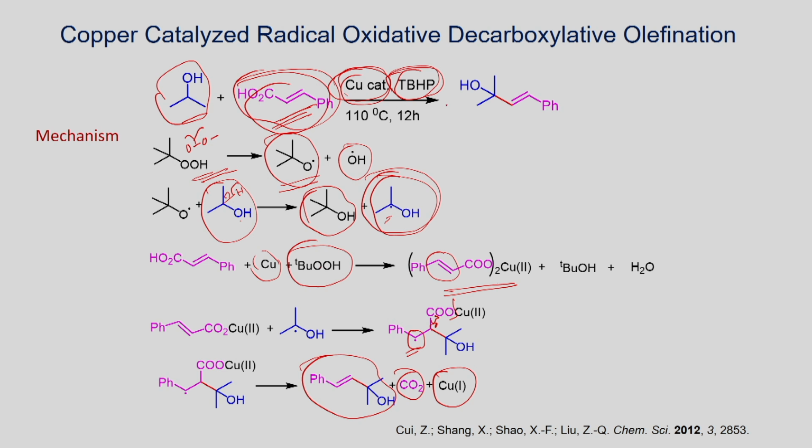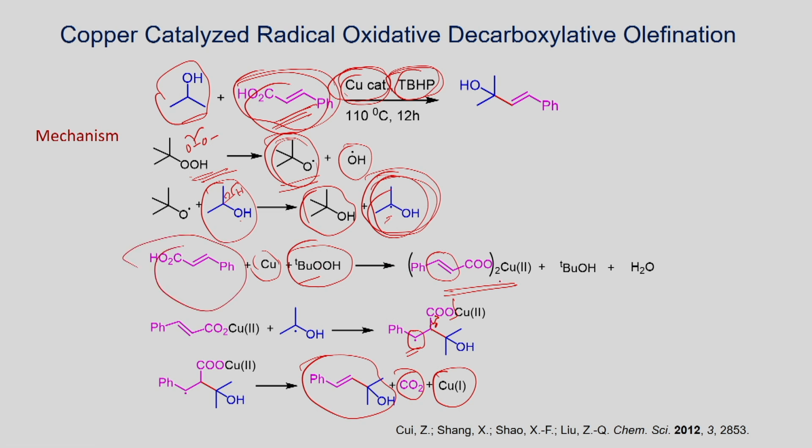So, in this reaction, as you can see here, the tertiary butyl hydroperoxide plays a dual role. First, it is converted into the tertiary butoxide radical. It helps to form the radical from the isopropanol. You form this radical. In addition to that, the tertiary butyl hydroperoxide also helps to oxidize the copper 0 to copper 2 carboxylate, which can readily react with the cinnamic acid.